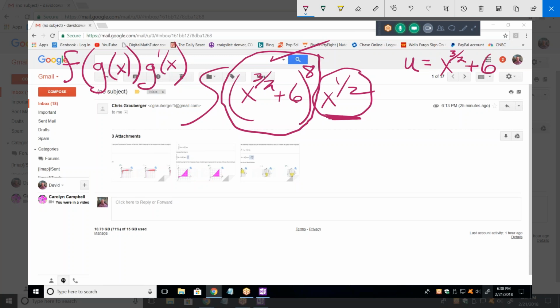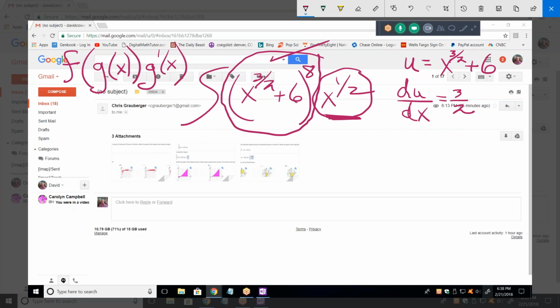Now the next step is to always differentiate this thing. What's that? So that would be 3/2 x. I always just take that exponent and write it out in front. If there's another number already out there, then I multiply it by that number.